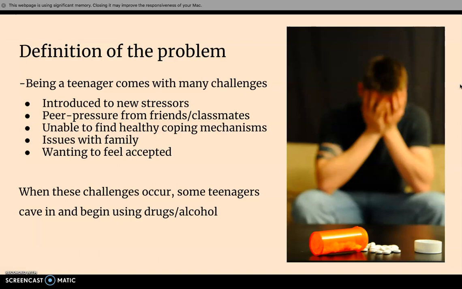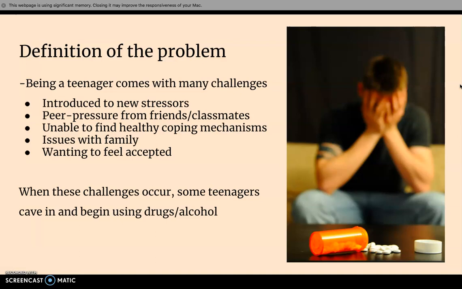Another big challenge is issues with family, whether that is financial, family dynamics, or not having support in your family. Those are all challenges that may cause a lot of stress in the teenage years. And then lastly, just wanting to feel accepted. I know that at this age, you just want to fit in.